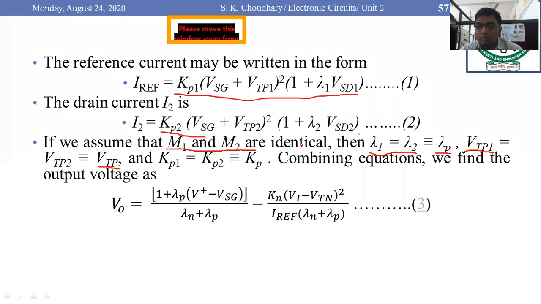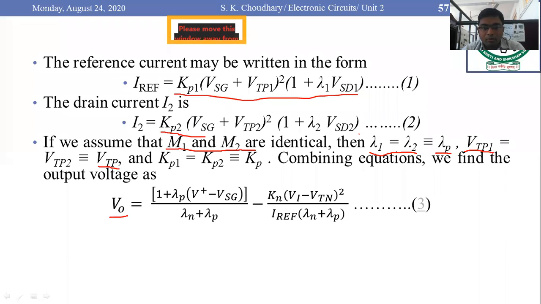So when you do some mathematical equation, we have to write some mathematical equation. It is a little bit longer calculation, nearby 1 or 2 pages. Then you finally get the equation of V0, that is defined here by equation number 3.